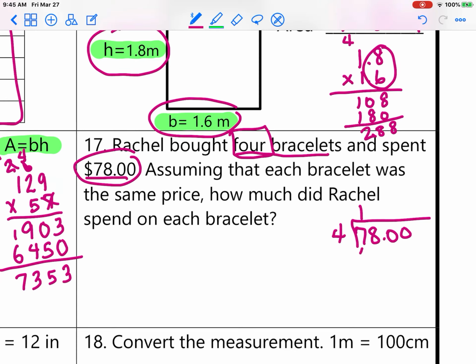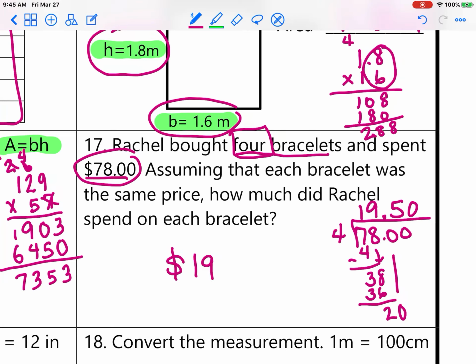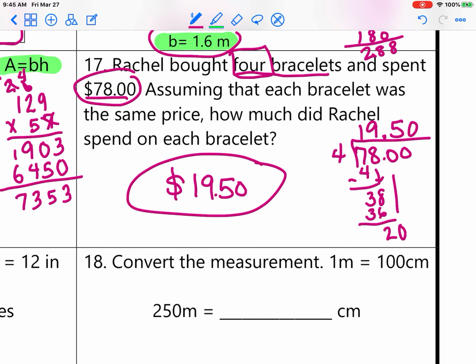So 4 will go into 7 one time. 7 minus 4 is 3. Bring down that 8. Don't forget about the decimal up there. 4 will go into 38 9 times, because 9 times 4 is 36, and I subtract, and I bring down another 0. 4 will go into 20 5 times. We'll go ahead and put that other 0 up there because it's money. Each bracelet was $19.50. You don't have to put the dollar sign in your answer on the form.